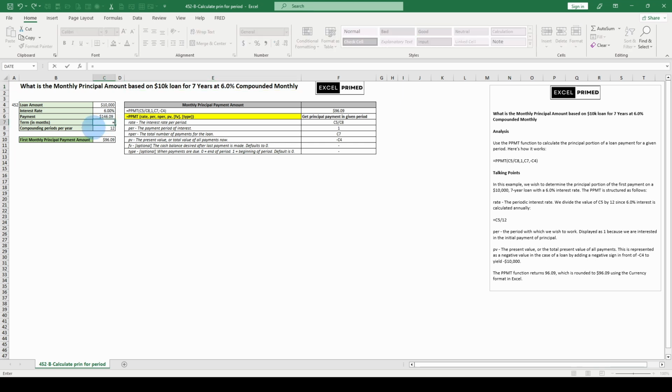This should equal, well, it's 7 years, and that's why I should put 7 years in there, but all I did was go 84. But if it's 360 periods, if it's 7 years, you've got to take 7 times 360 and change that number. And this would be terms in days. So everything has to be in sync.